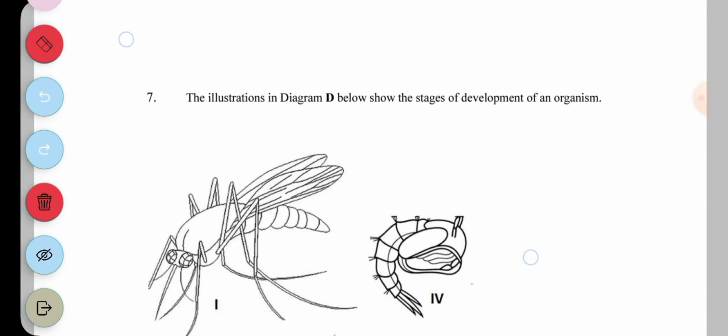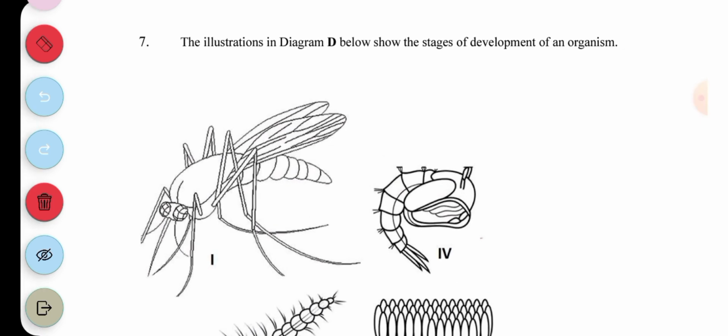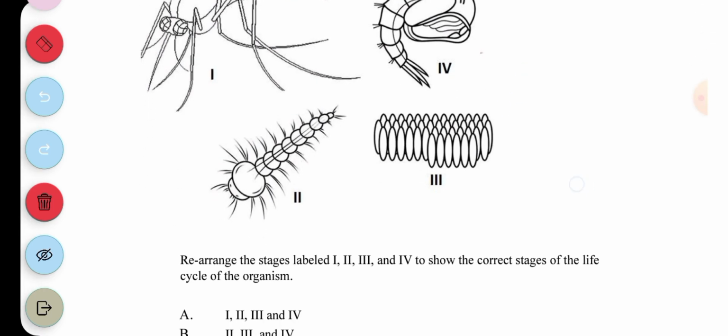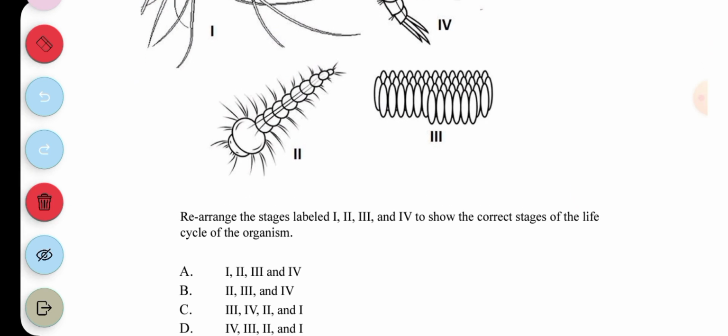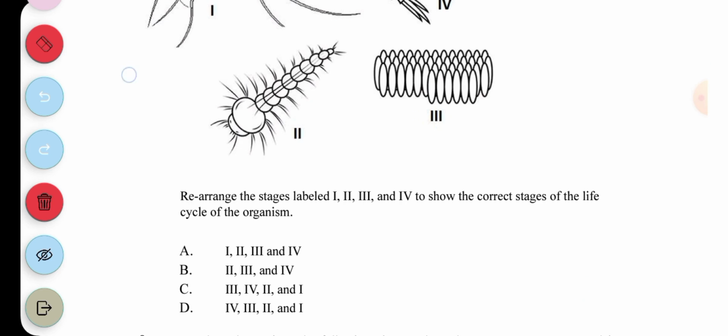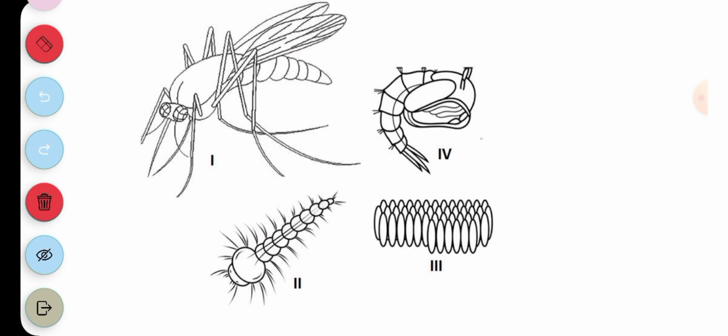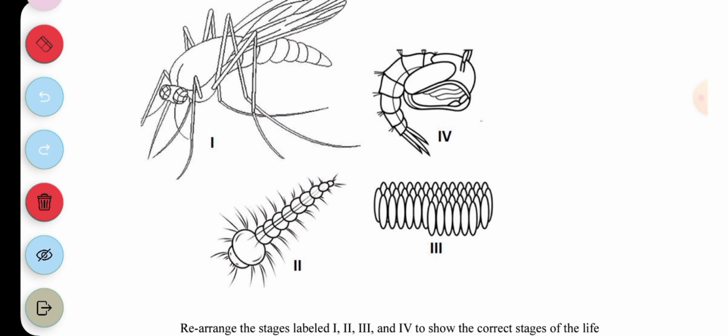Question 7. The illustrations in diagram D below show the stages of development of an organism. Rearrange the stages I, and so on to show the correct stages of the life cycle. Now, with this, we first of all have to establish that this is the mosquito.